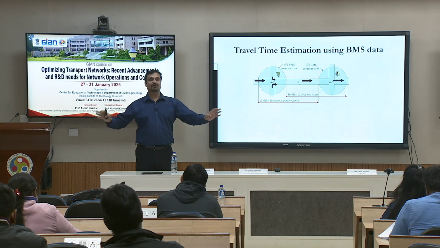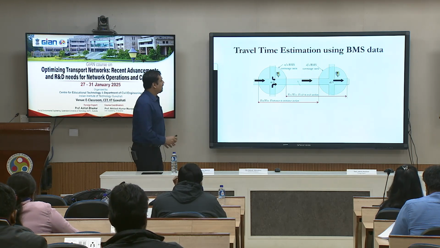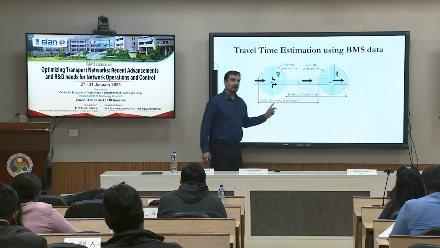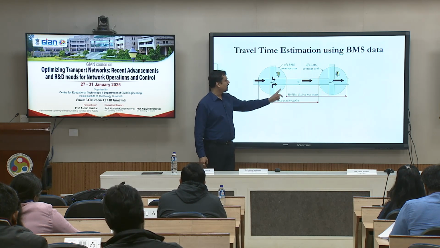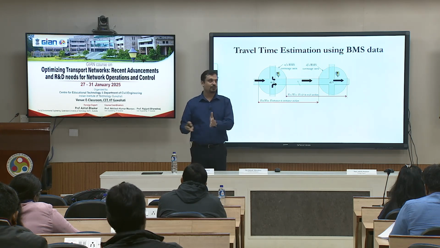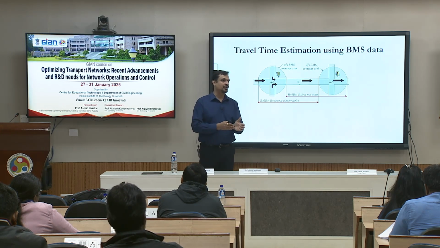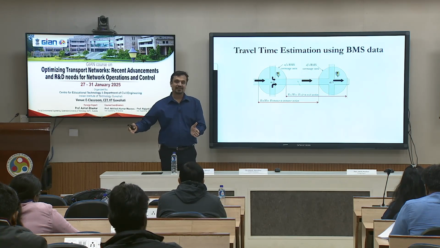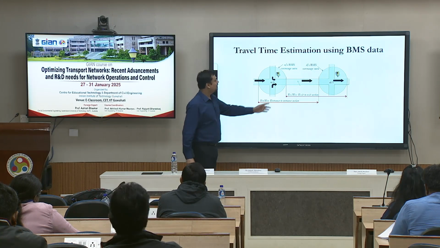We only know the travel time from A to B. So if you look at the time entered to time entered, you will get one travel time. If you look at the time exit, which is entered plus duration, so if you entered at, let's say, 7 o'clock, and the duration was maybe 10 seconds, you exited at 7 o'clock and 10 seconds, right? You will have another travel time.